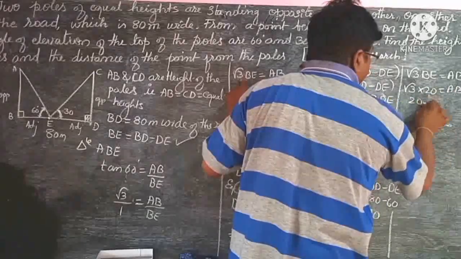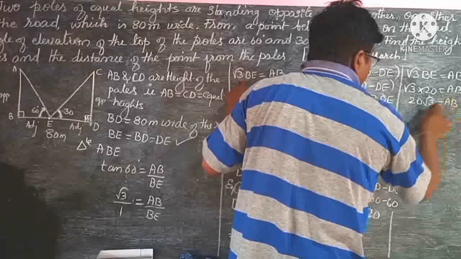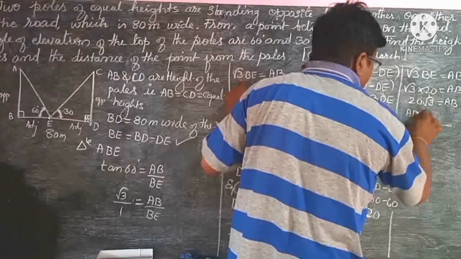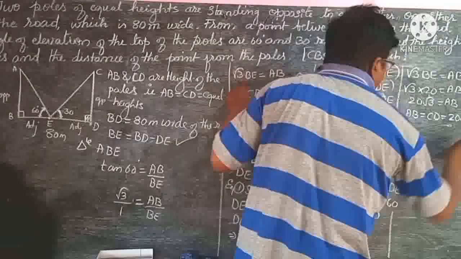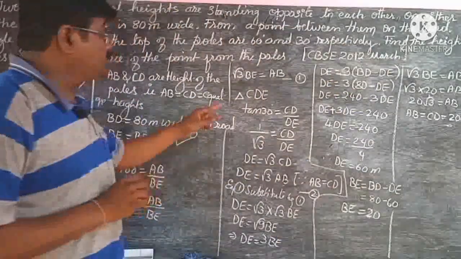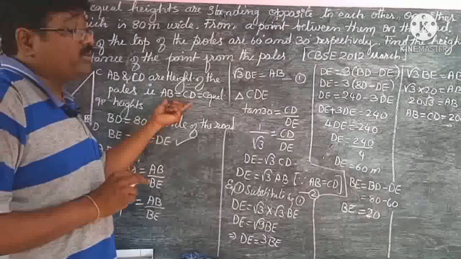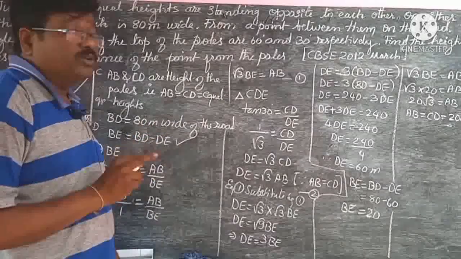That is 20 root 3 is equal to AB. Therefore AB is equal to CD is equal to 20 root 3 meters, because both heights of the poles are equal.